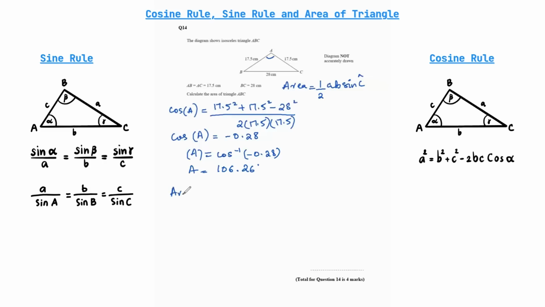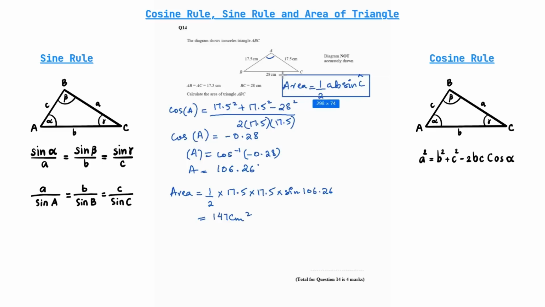So area is 1 over 2 times 17.5 times 17.5 times sine of 106.26. So sine of 106.26 times 17.5 squared divided by 2 is 147 centimeters squared.